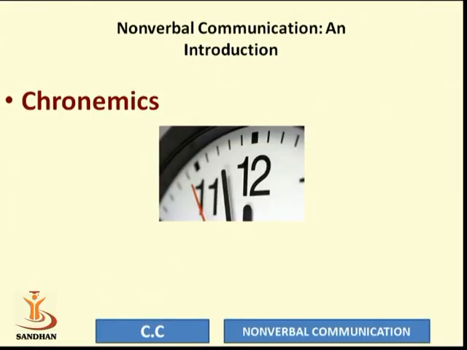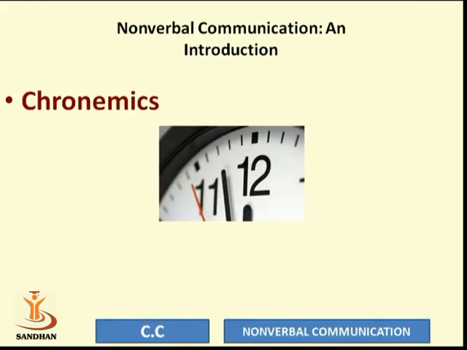Though we try to objectify it in terms of calendrical time, we still struggle a lot with that, because our perception of time is very subjective in nature. And that's why we should be very conscious regarding the usage of time, regarding others' usage of time as well. And chronemics tells us how we should be using time in a better way.